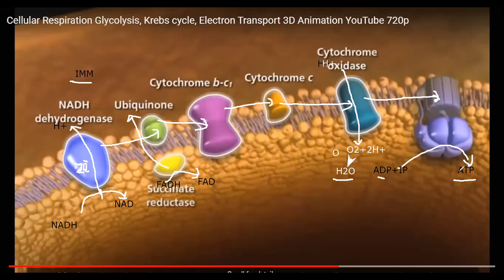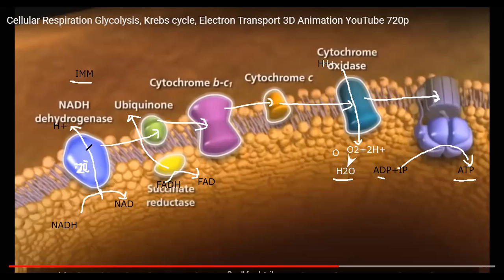Meaning the number of ATP molecules produced at the last step is dependent upon the electrons which were released during the dehydrogenation of these NADH or FADH molecules, right? So this is all about ETC and oxidative phosphorylation.